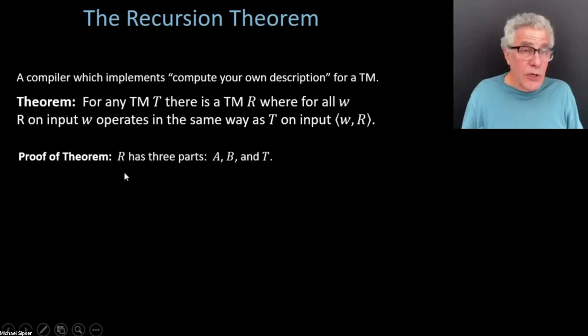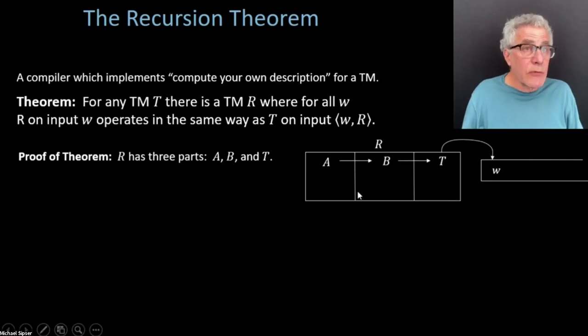Now the proof of this is going to be very much like the proof from two slides back, except there are going to be three parts. There's the part T that you provide, and T is going to be the Turing machine code that says, get your own description. You don't have to worry about how that happens.